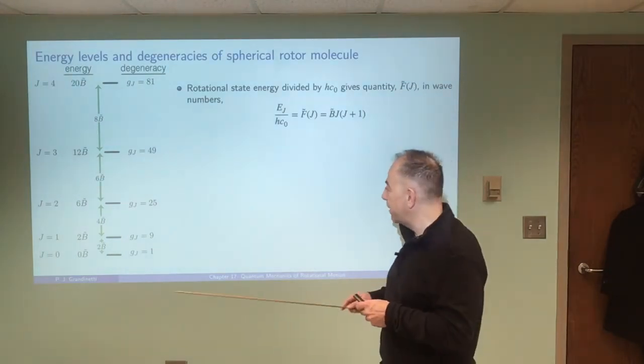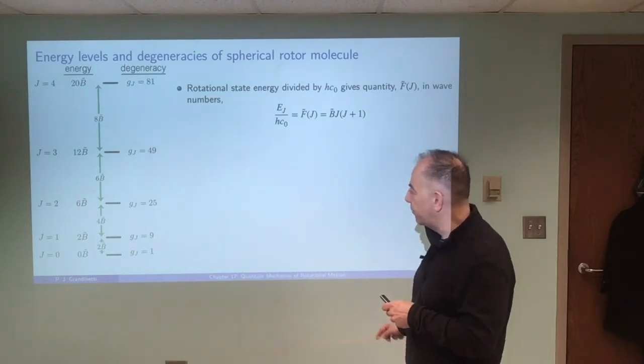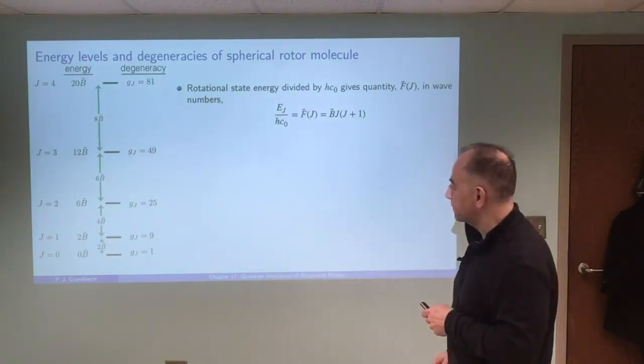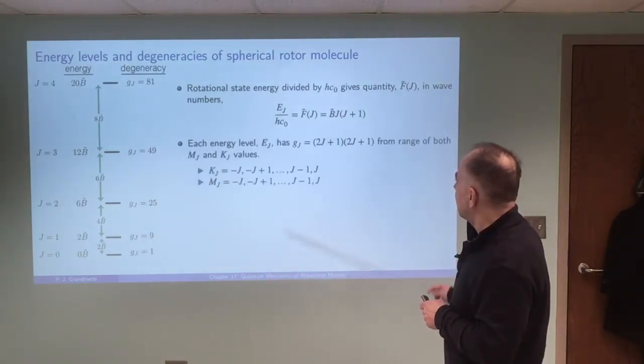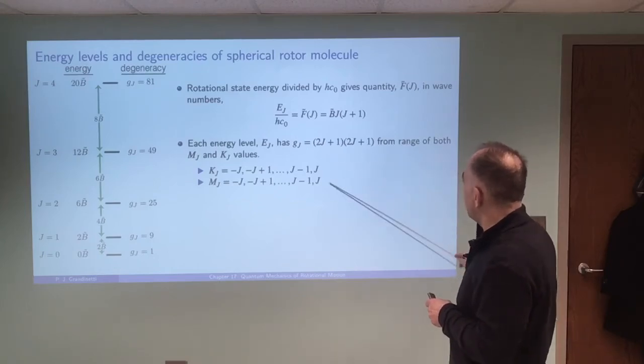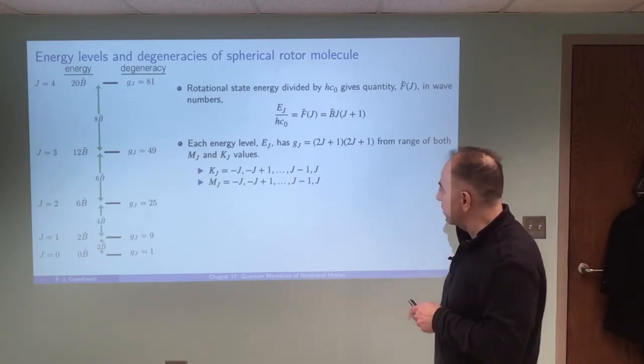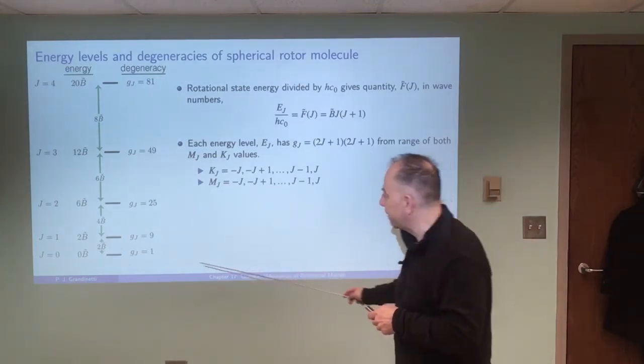So that ends up giving us a degeneracy of 9. So what we get is (2J+1) times (2J+1) for these different states. Okay, so you have to multiply them together.